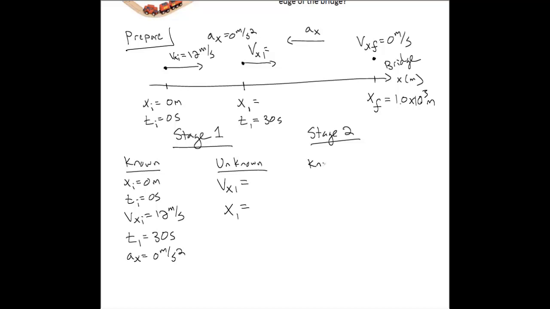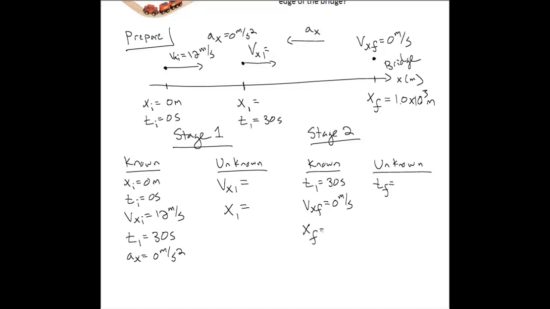Okay, so now let's go on to stage 2. Stage 2 is the region between point 1, namely when the people start turning on the brakes, to when the train actually stops. So what do we know about stage 2? We know t1: the initial time at the beginning of the stage is still 30 seconds. We don't really know the final time. We know the final velocity, 0 meters per second.